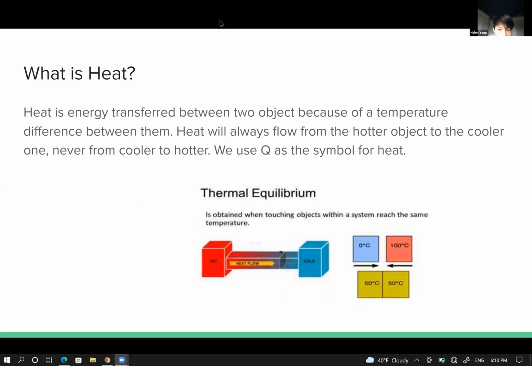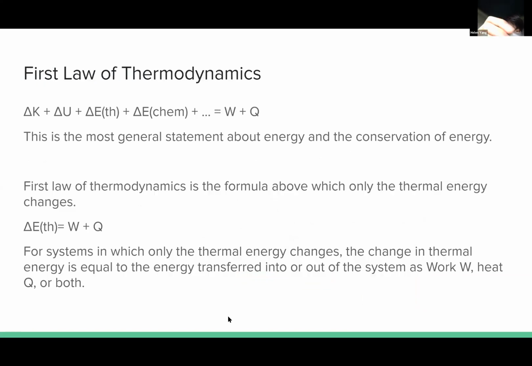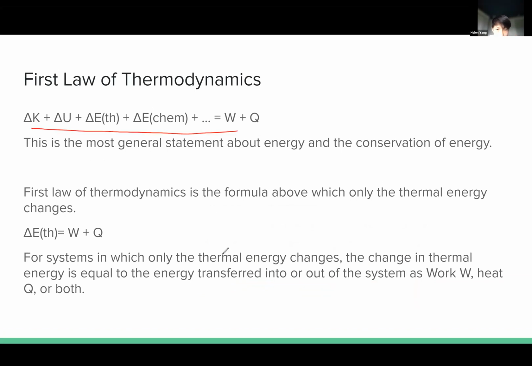Okay, so this is the first law of thermodynamics. This is the most general statement about energy and the conservation of energy. And the first law of thermodynamics is the formula above, where only the thermal energy changes. So if we just get rid of all these other terms, then it would just be the change in the thermal energy is equal to the work plus the heat.